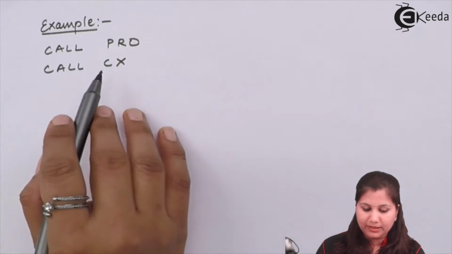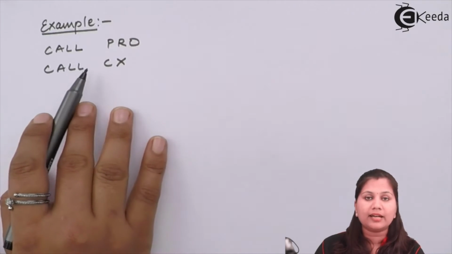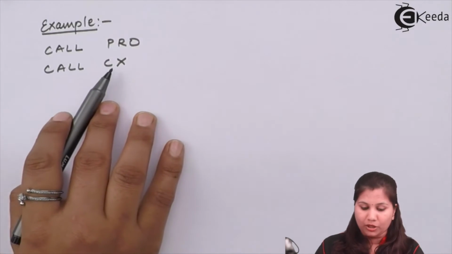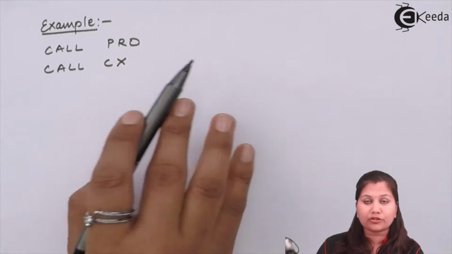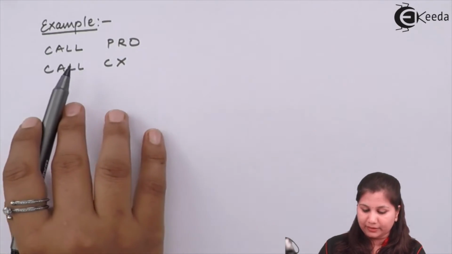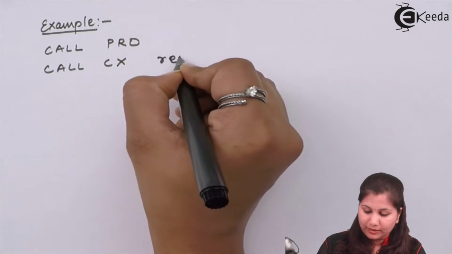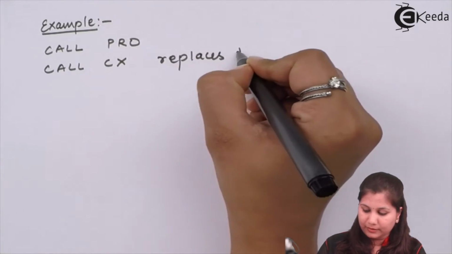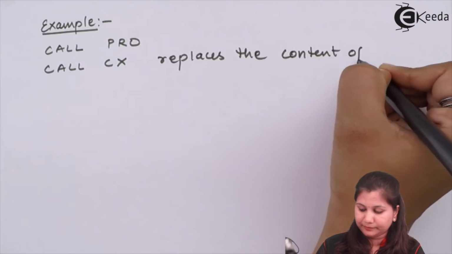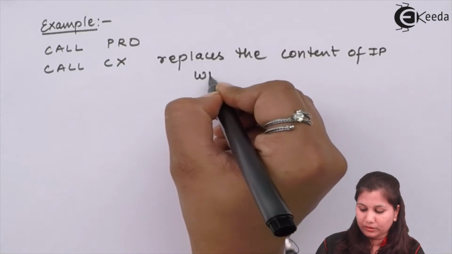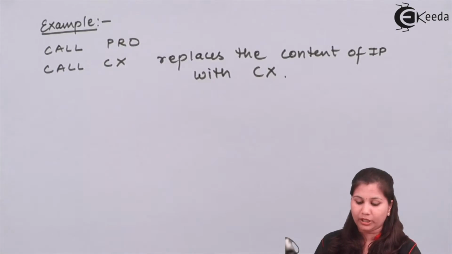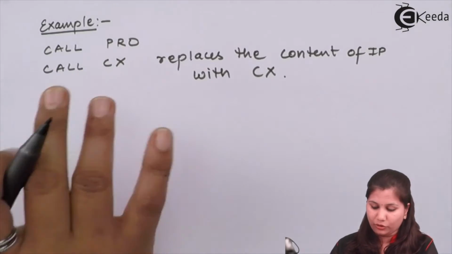CALL CX means CX contains the offset address of the first instruction of the procedure, so that will be loaded, replacing the contents of the instruction pointer. Okay, so this is an example of a near call.